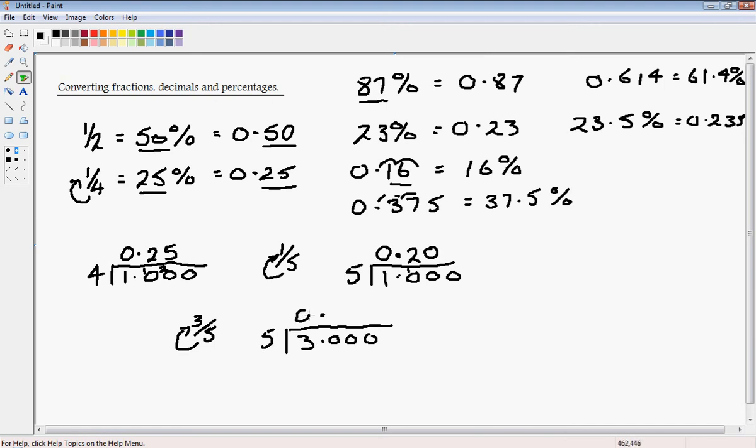Now 5's into 3 we know doesn't go, so the 3 gets carried across. 5's into 30 I know goes 6. So I can say that 3/5 is the same as 0.6 as a decimal. Now remember, we take the first two numbers, so because there's no number here we write a 0. This would be the same as 60%.